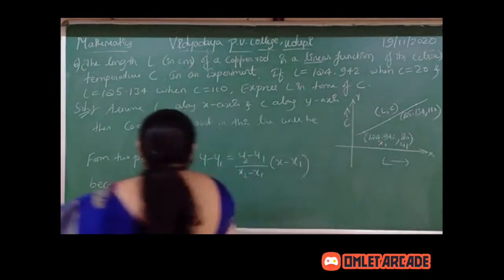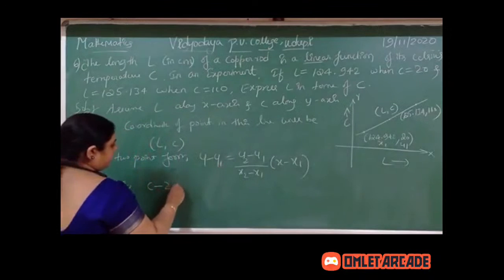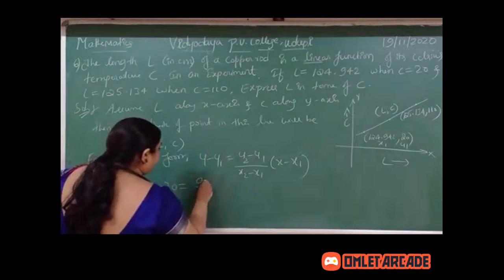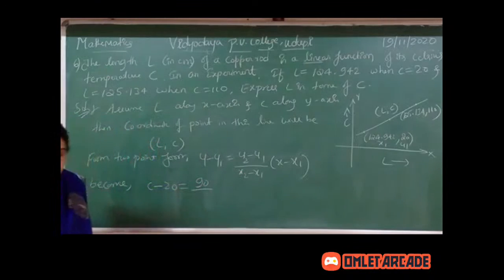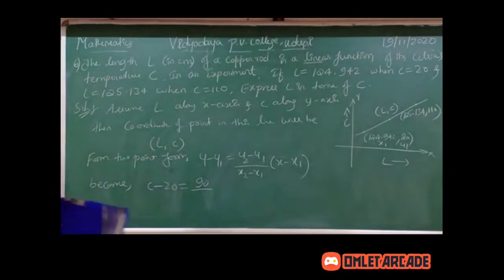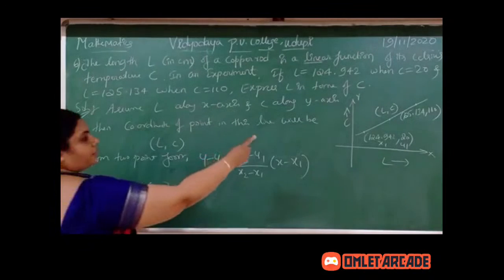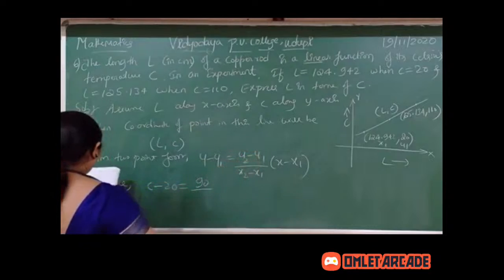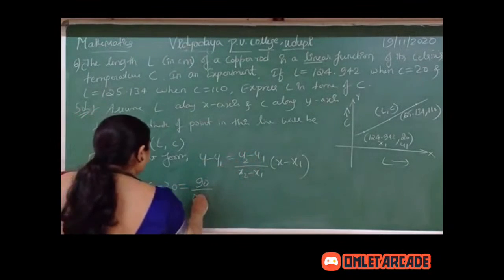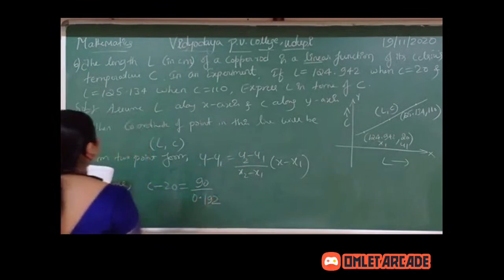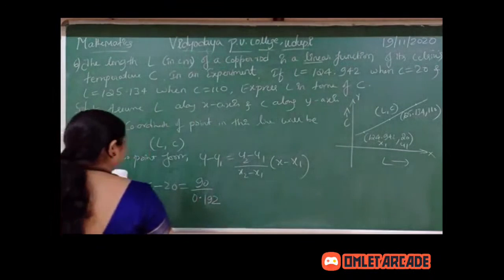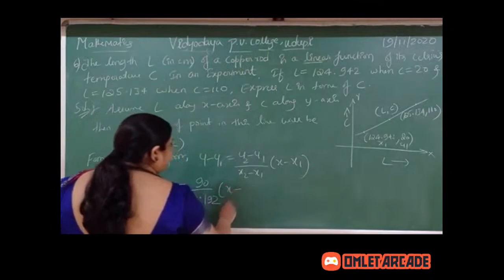C minus y1 is C minus 20, equal to y2 minus y1, 110 minus 20, which is 90, divided by x2 minus x1. x2 minus x1 is 125.134 minus 124.942, which is 0.192, into x minus x1.